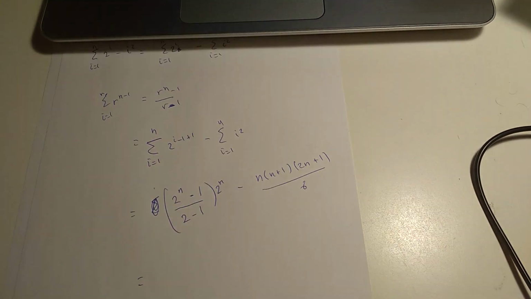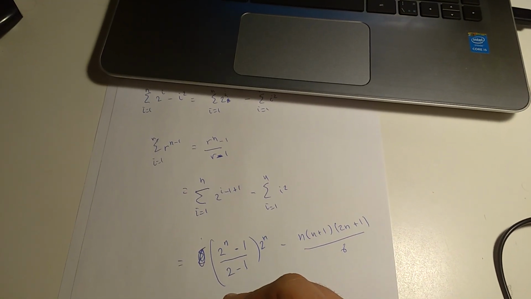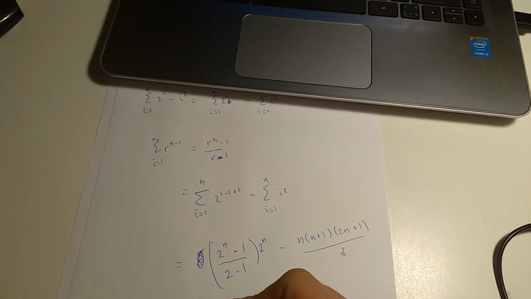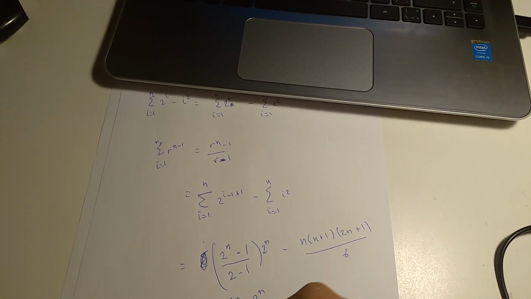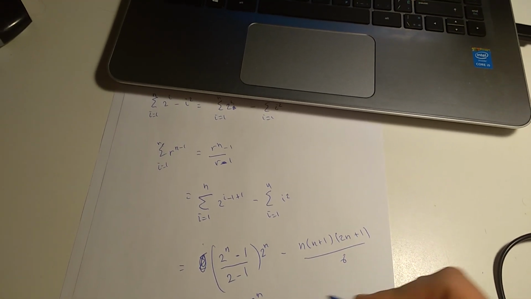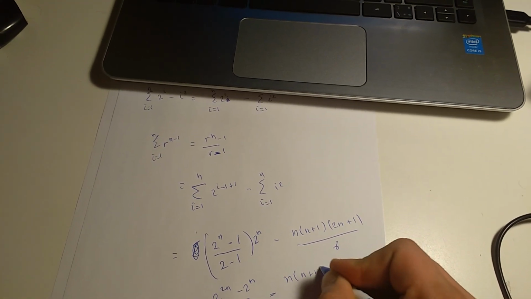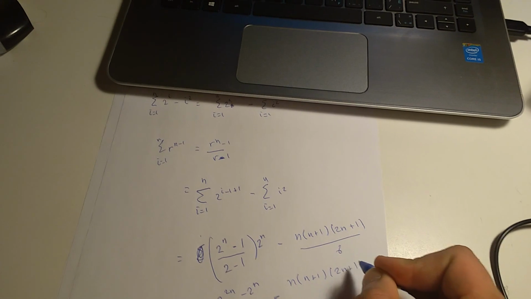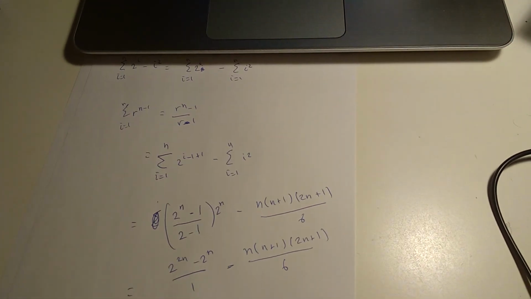And here you get 2n, negative 2 over 1, just rewriting terms.